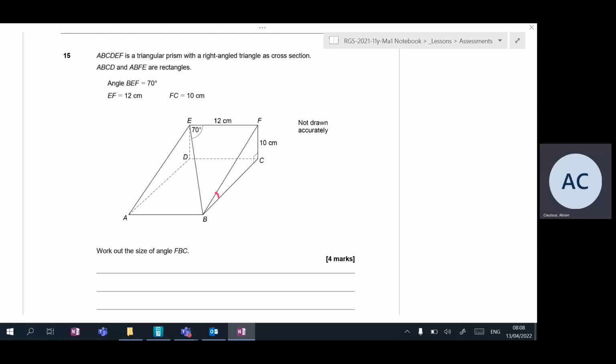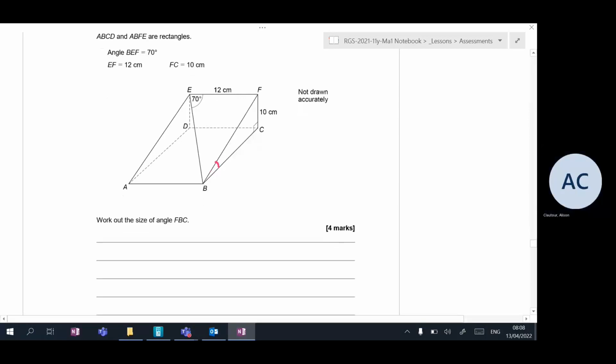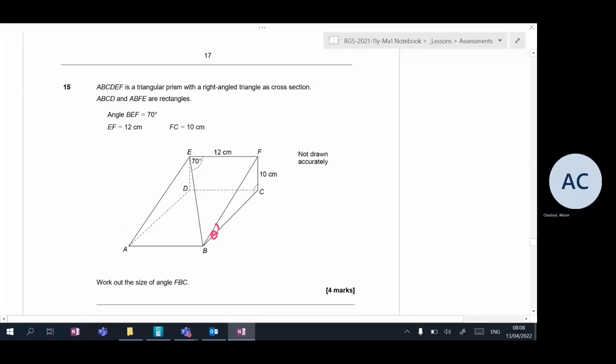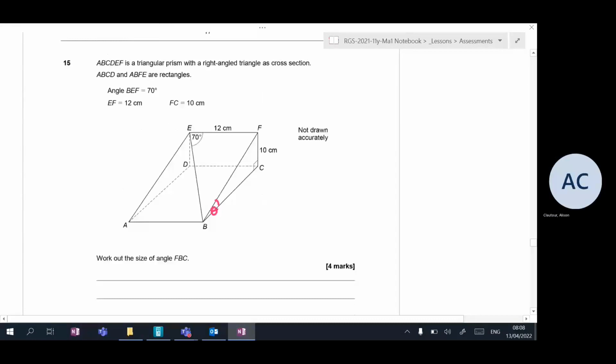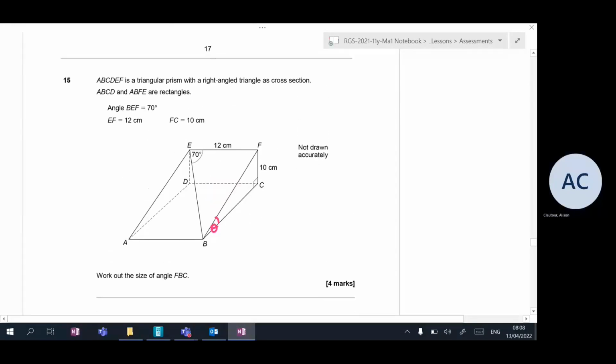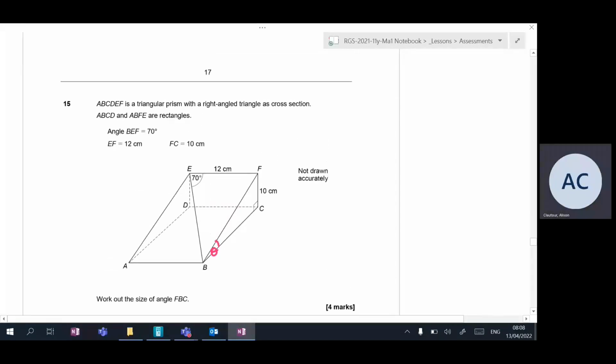So in this triangle EFB, we've got a side, we've got another side, we've got another side. Okay. So I'm going to call this theta. Okay, and then this side here is the side that we're interested in because this side here links both triangles.